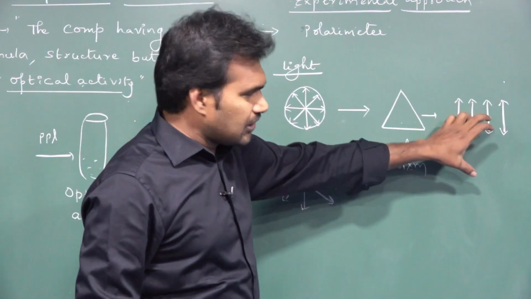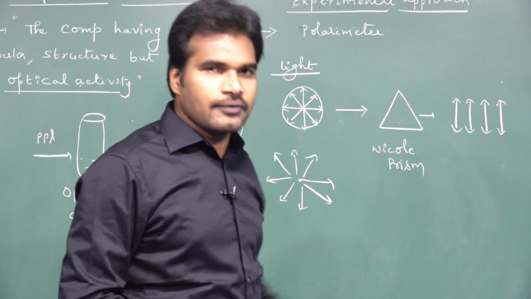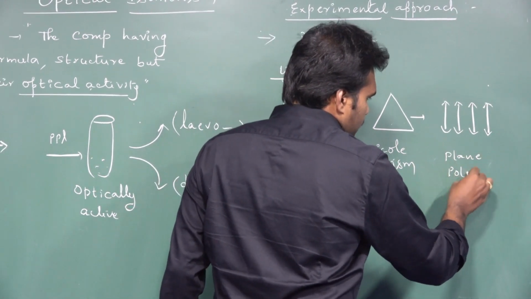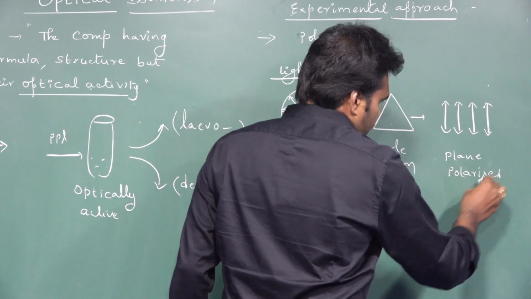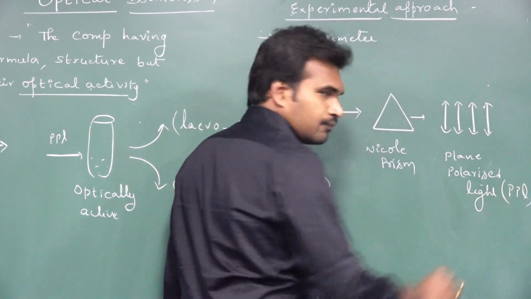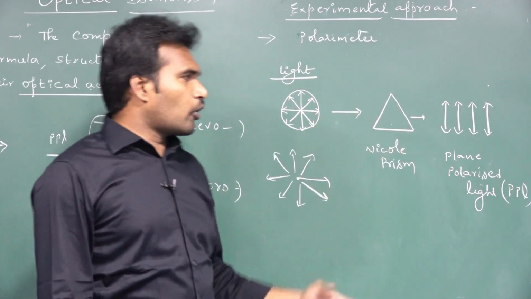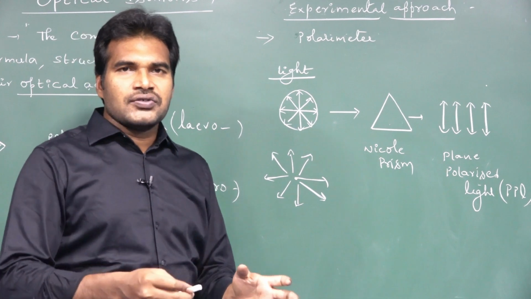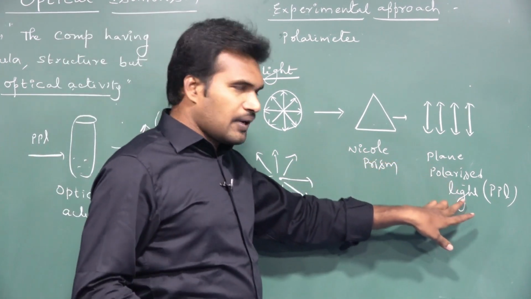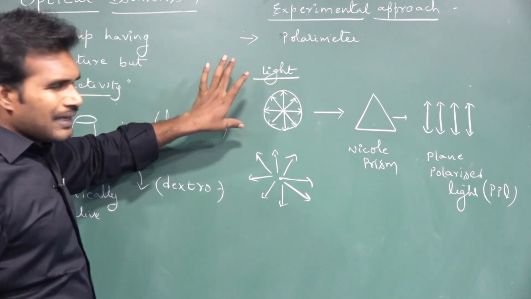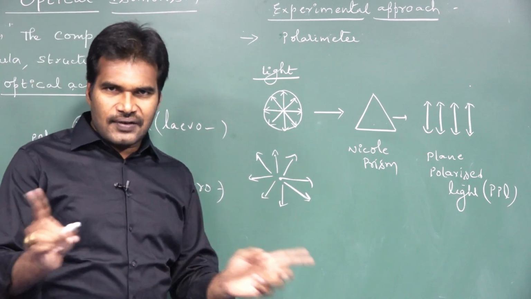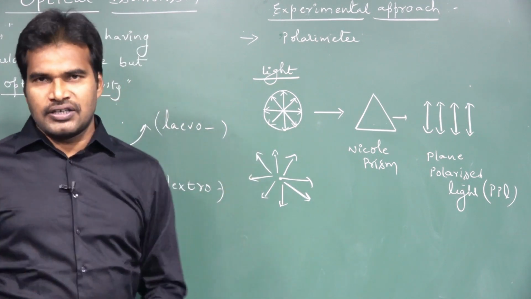Okay, and that light, whose radiations are all in the same plane, we call it what? Plane polarized light. Simply we call it PPL. So plane polarized light is nothing but light whose radiations all have the same plane. Whereas normal incandescent light has radiations with different planes. That is the difference between normal light and plane polarized light.